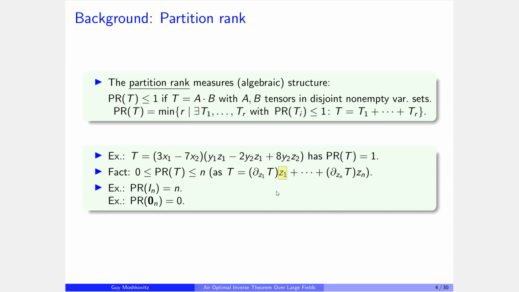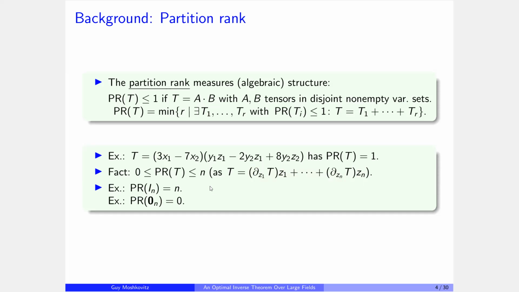Because z1 is just a linear tensor in one of the variable sets z, and this other factor doesn't depend on the z variables. So the two variable sets in the two multiplicands here are disjoint, non-empty. Anyway, you have here n summands. So you always have the trivial decomposition with n summands.